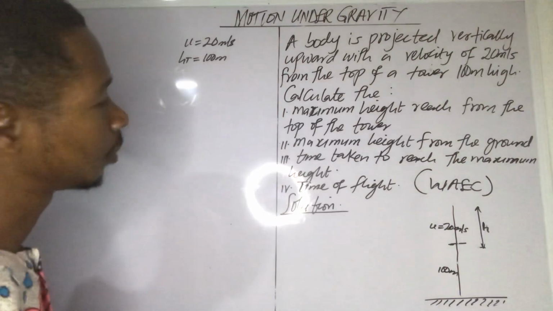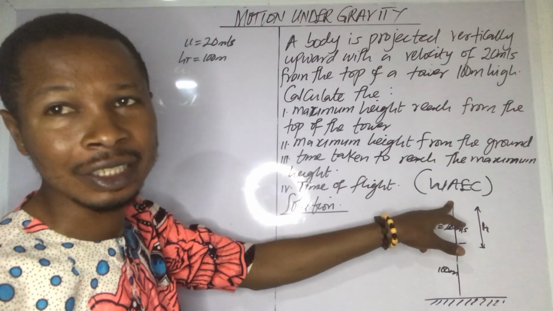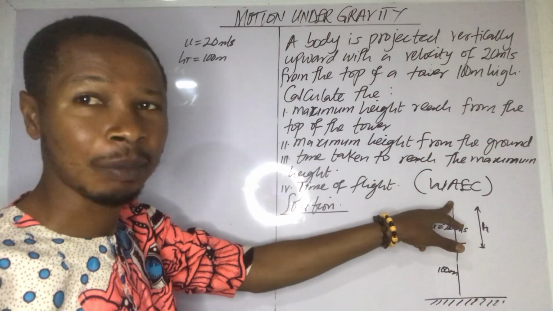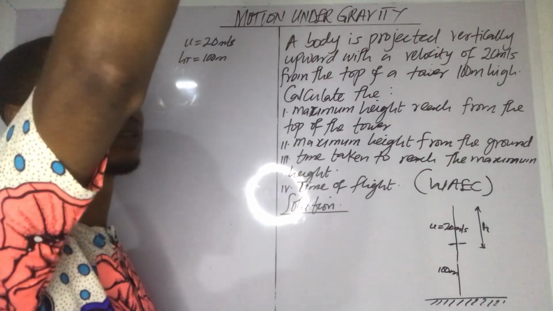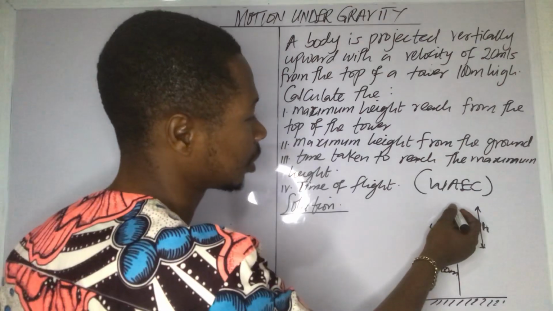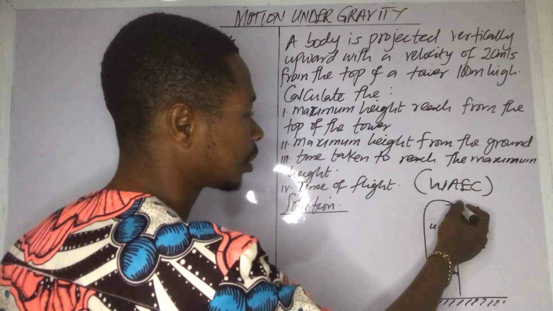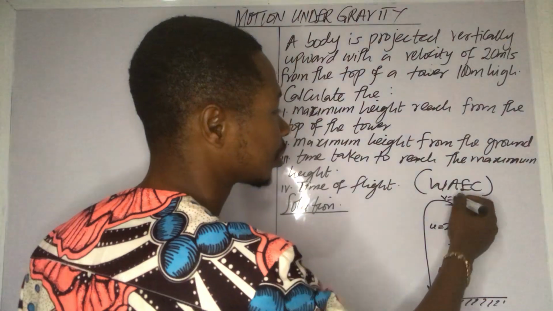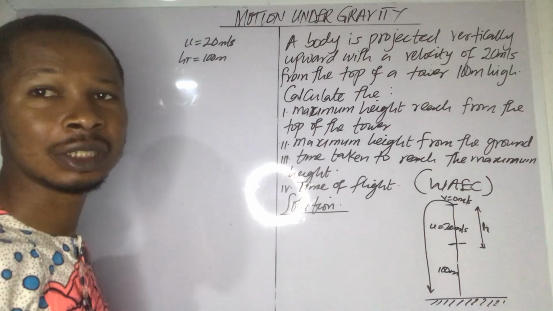Now, you recall that when the body is projected vertically upward, at the maximum height, before the body starts coming down, its final velocity is 0 meters per second.